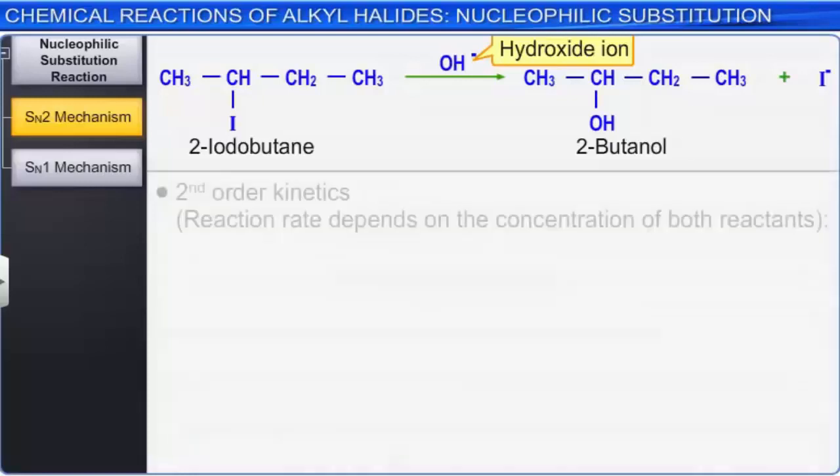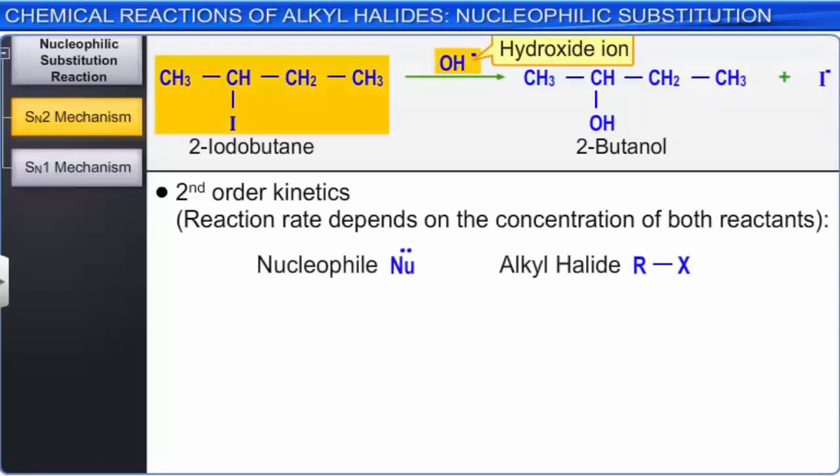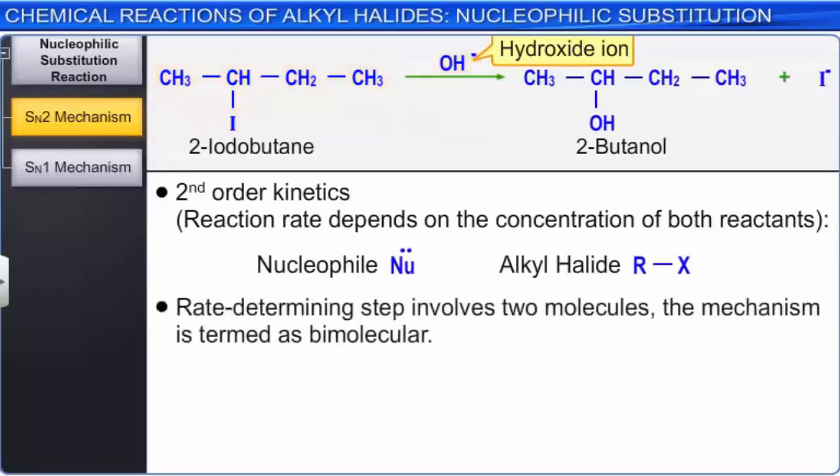This reaction follows second-order kinetics, meaning that the reaction rate depends on the concentration of both the nucleophile and the alkyl halide. As the slow step or rate-determining step involves two molecules, the mechanism is termed bimolecular.